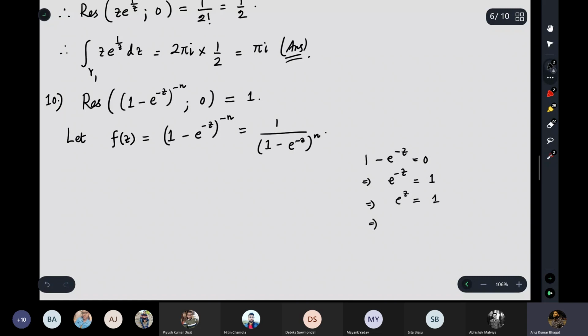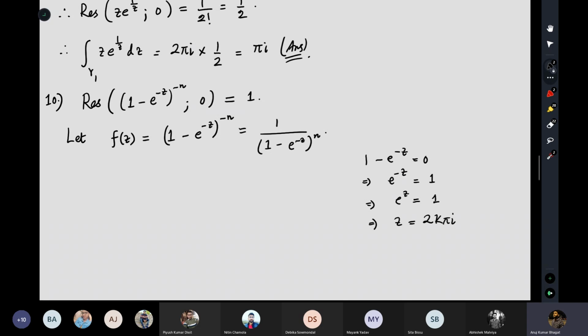And when is e to the power z equal to 1? When z is 2k pi i, I'll write k because n is already used in the question. These are the singularities. So there are many singularities at 0 and any even multiple of pi i.